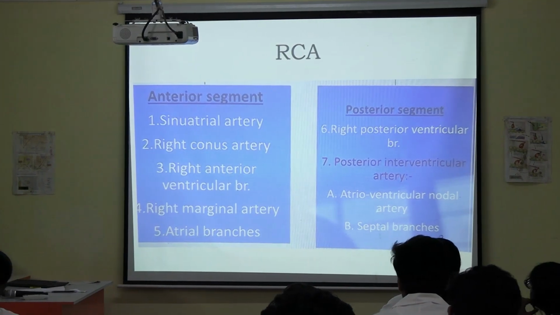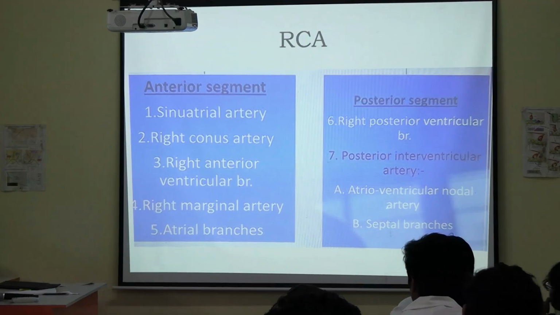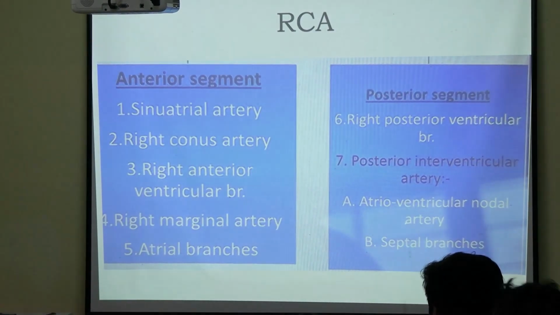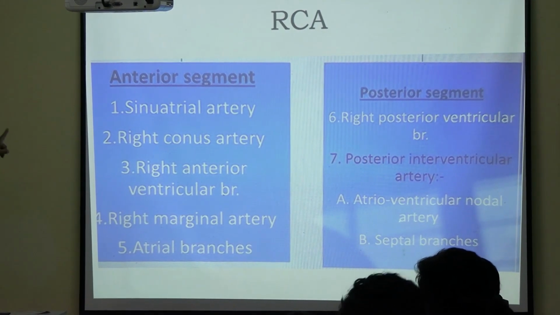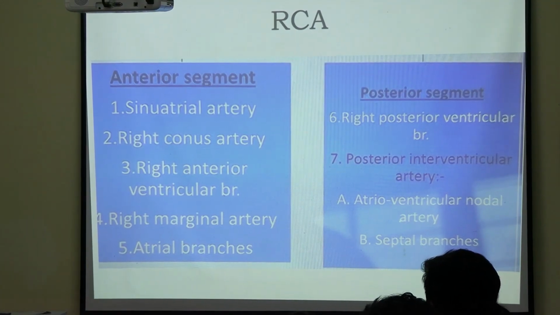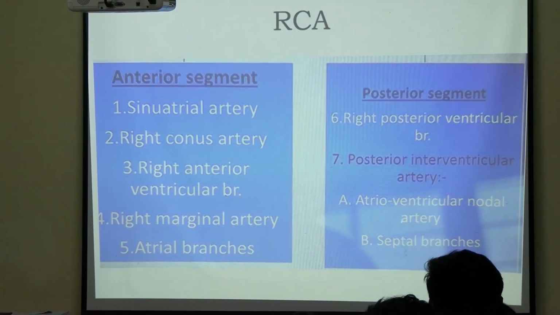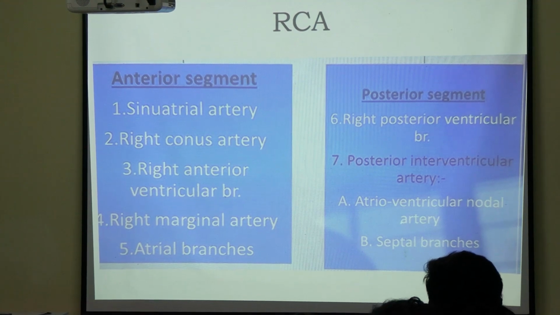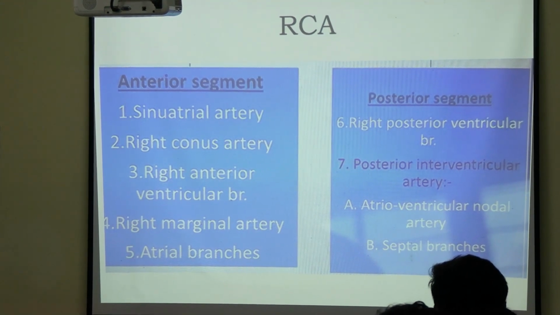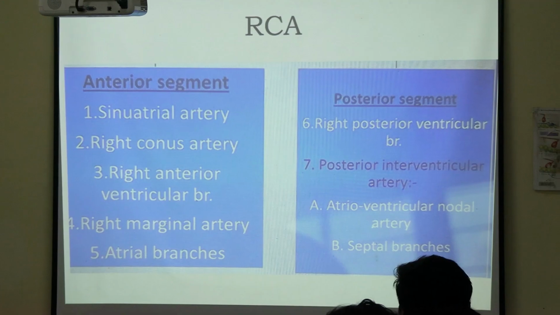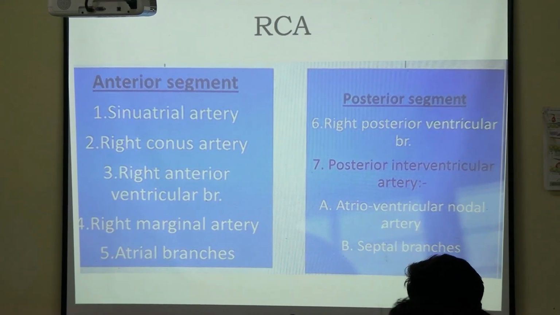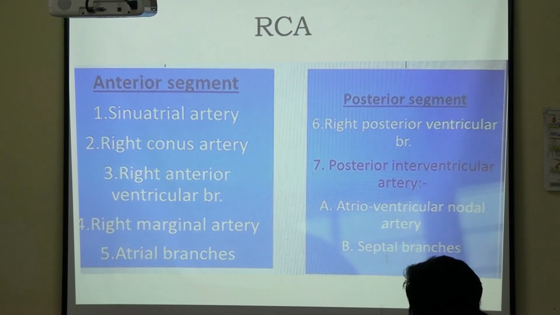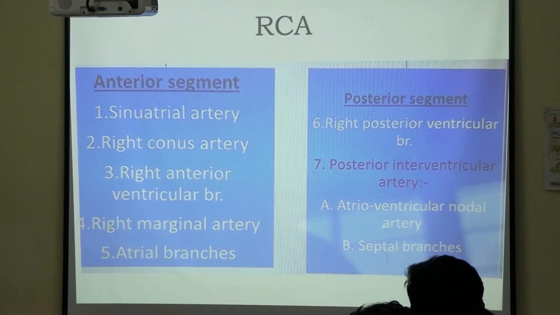The right coronary artery, in the anterior segment, produces these branches: the sinoatrial artery, then the right anterior ventricular branch, then the right marginal artery, then the atrial branches. These are the anterior part.